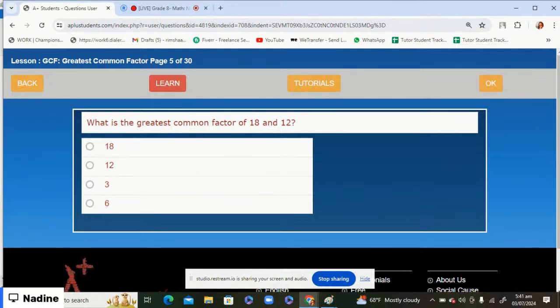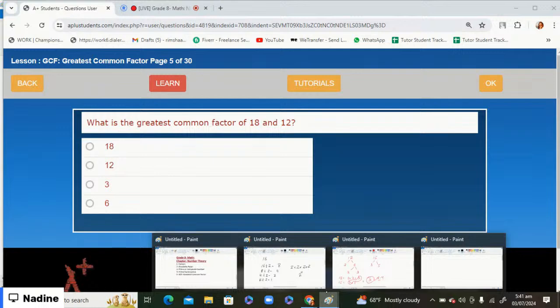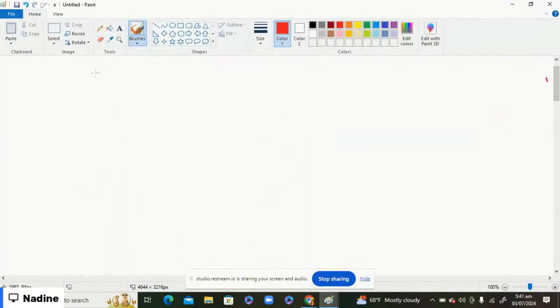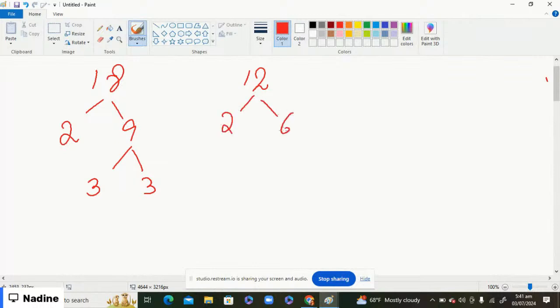Now let's check, what is the greatest common factor of 18 and 12? 2 times 9 is 18. 3 times 3 is 9. What's for 12? 2 times 6, 2 times 3.